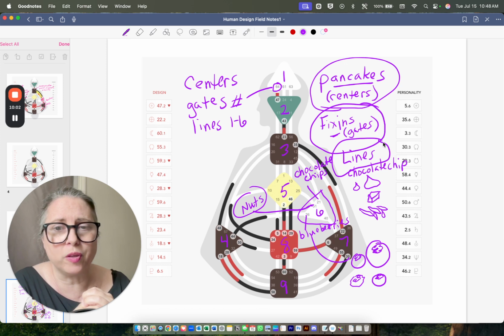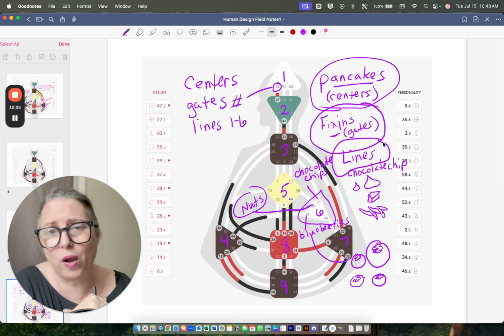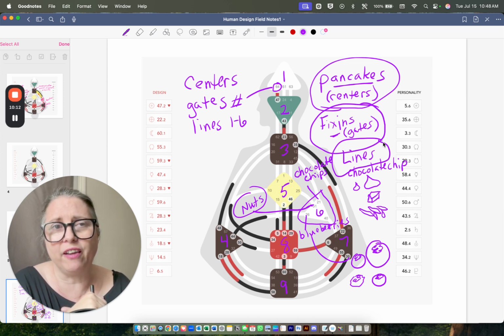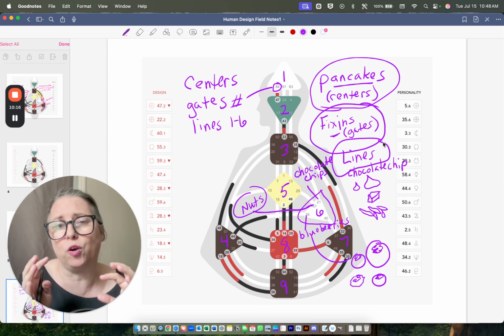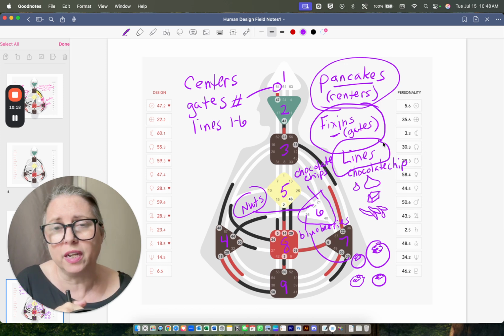And I think the more that we can put these into simple things that we all kind of understand, for me, it takes the overwhelm out of it. And so when I started thinking about this, I had a logical way that I could start categorizing and organizing my information, as opposed to just trying to think centers, gates, lines. Okay.